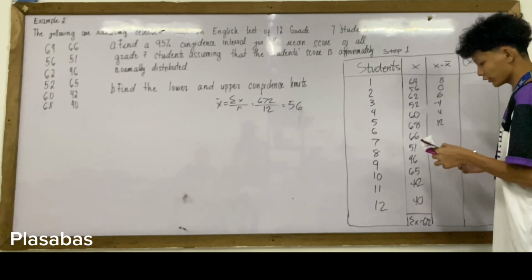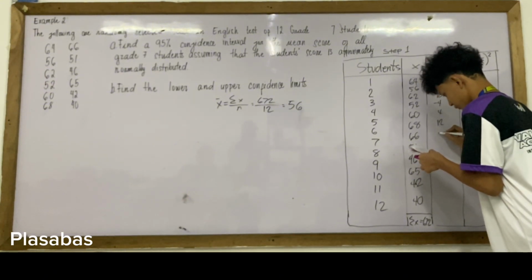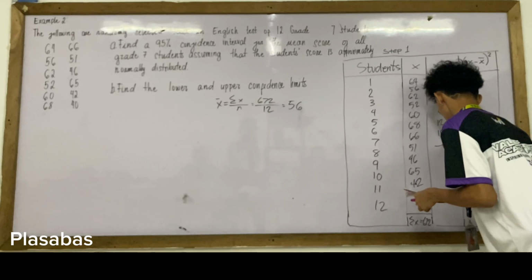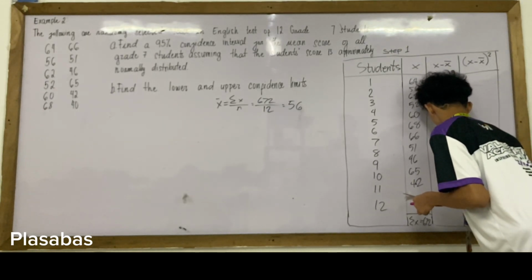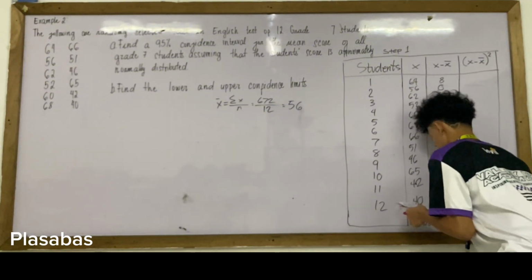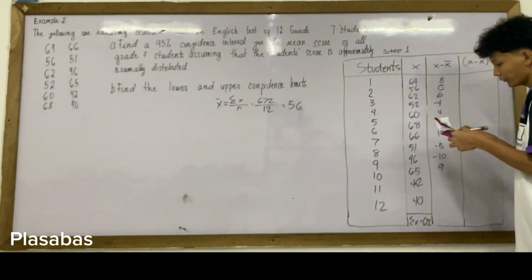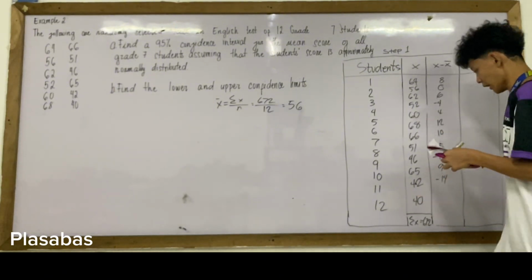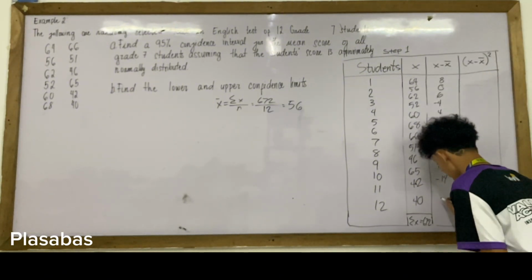And 66 minus 56 is equal to 10. And 51 minus 56 is equal to negative 5. And 46 minus 56 is equal to negative 10. And 65 minus 56 is equal to 9. And 42 minus 56 is equal to negative 14. And 40 minus 56 is equal to negative 16.